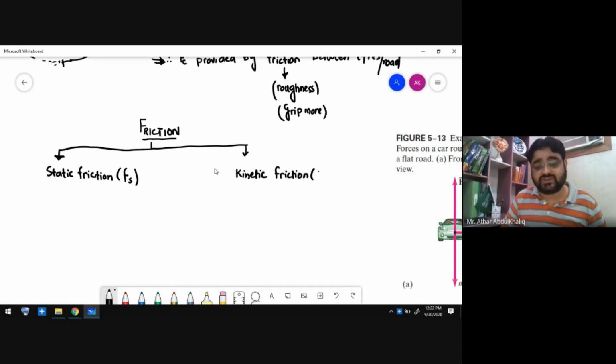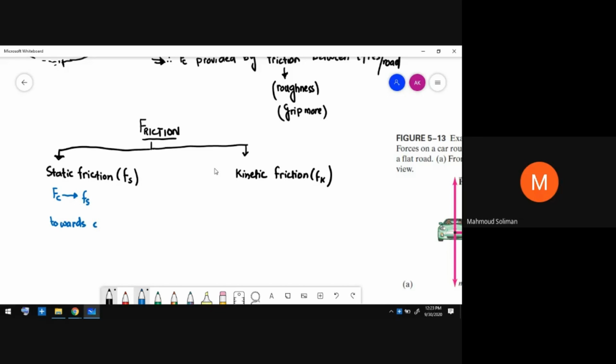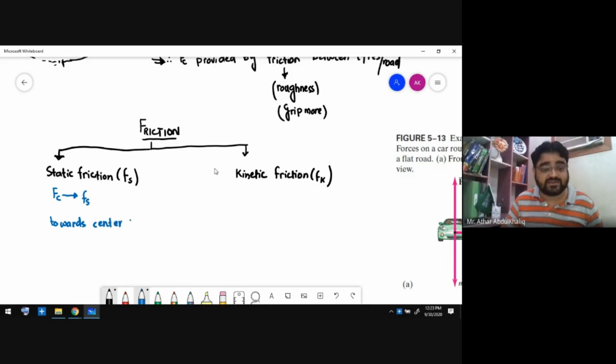Both of these frictions are always present between the tires and road when a car is taking a turn. When the car is taking a turn, the centripetal force which we require is provided by the force of static friction. So centripetal force is always provided by static friction when it is taking a turn. This static friction is always towards the center of the circular path.